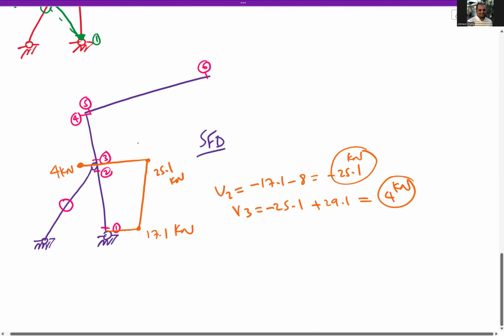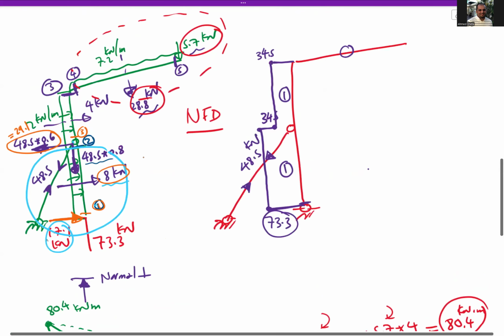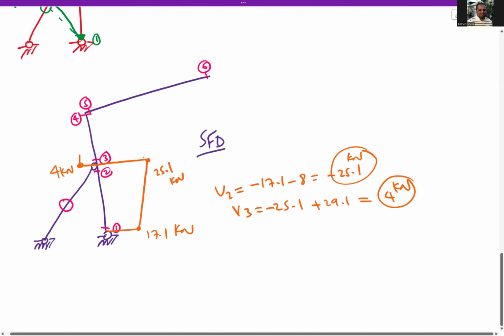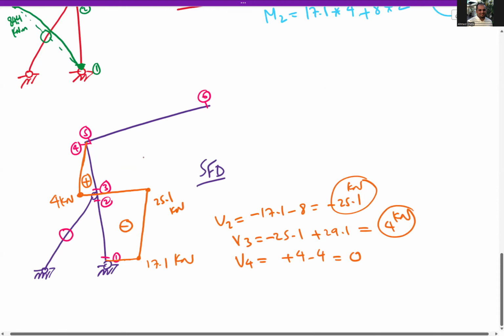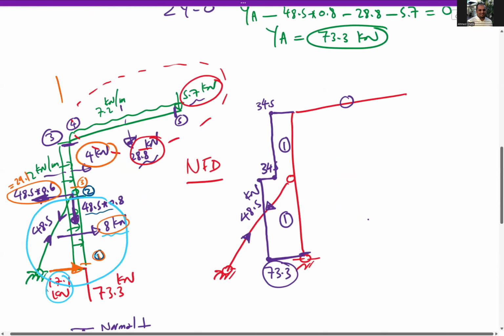Then from 3 to 4, we have the force 4 causing shear. So from 4 minus 4, it reaches 0. So V4 will be plus 4 minus 4 equal to 0. So this is positive shear, this is negative shear. For the horizontal part, the shear will be the force parallel to the section.